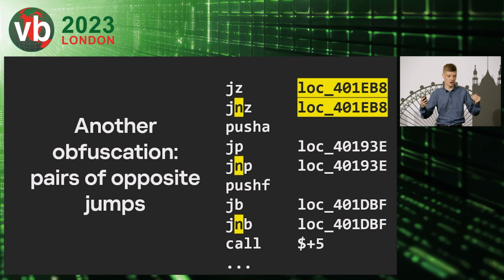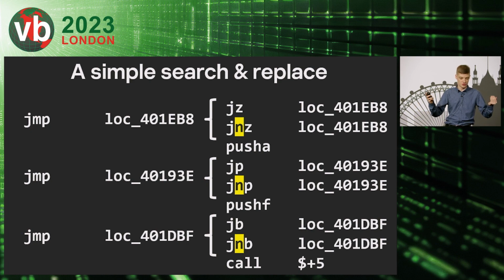Here, jump if 0 and jump if not 0. This pattern is repeated for all other jumps that we see. What we can do is simply replace those pairs of jumps with a single jump, because no matter what, one of these jumps will always be taken.